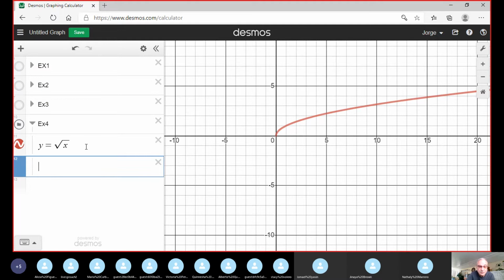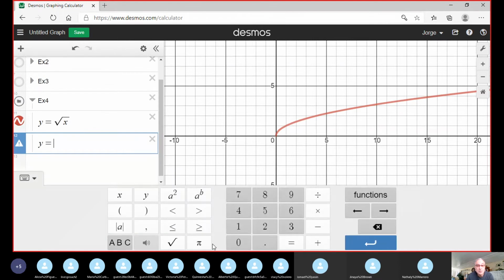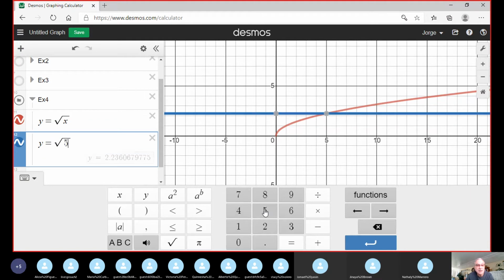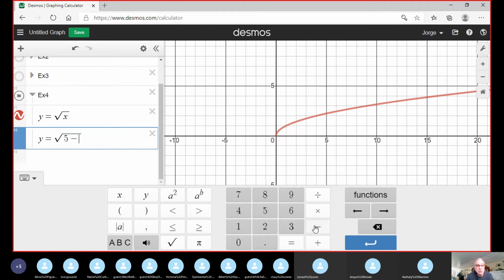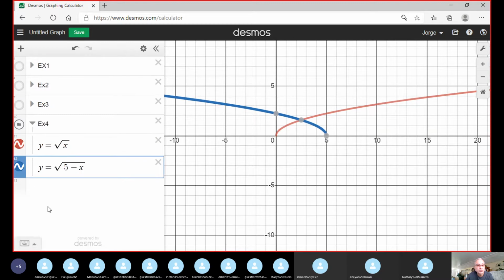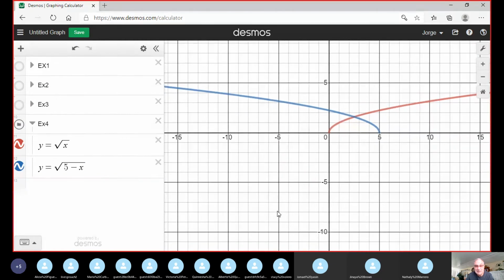The final answer is y equal square root again, inside 5 minus x. Boom. Exactly, we predicted.